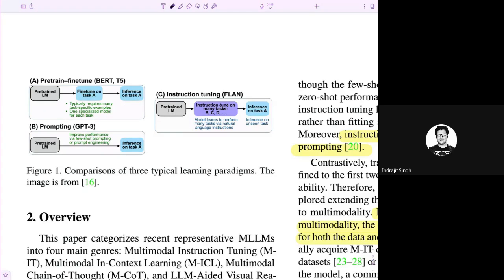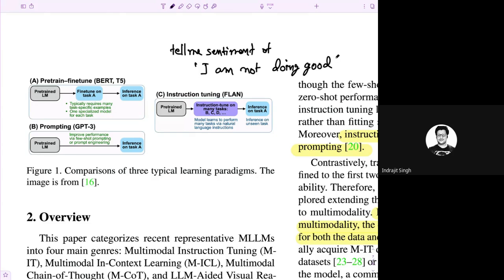So few shot or zero shot, by the term, zero means you are not really giving any kind of instruction or additional information. You're asking like, tell me the sentiment of I am not doing good, right?